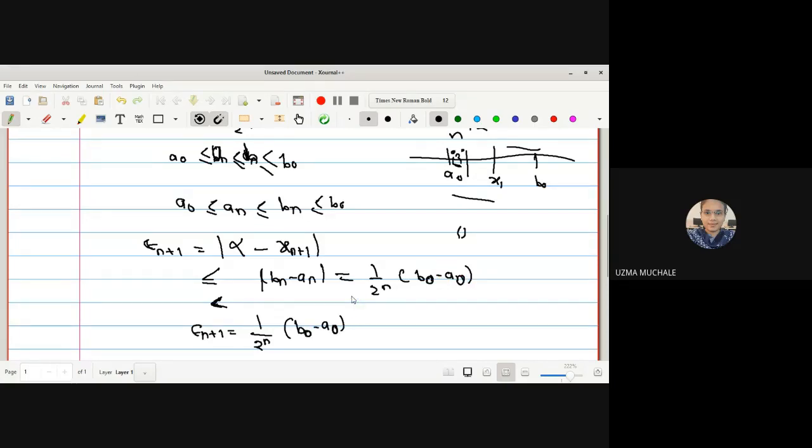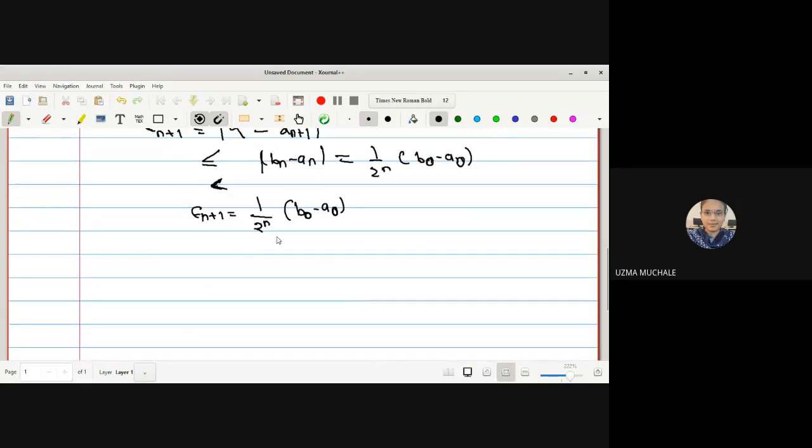Okay, if n tends to infinity, what will be the result? 1 upon infinity will be 0. So the value of epsilon, sorry, this is less than or equal now, so epsilon n plus 1 tends to 0 as n tends to infinity. What do we mean by n tends to infinity? That means we are going to increase the number of iterations.